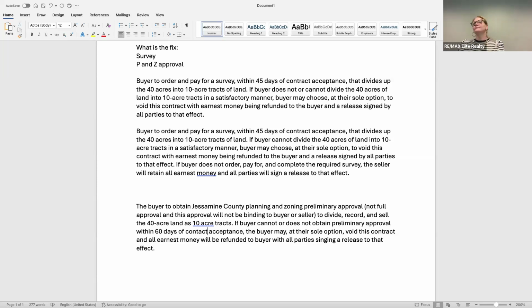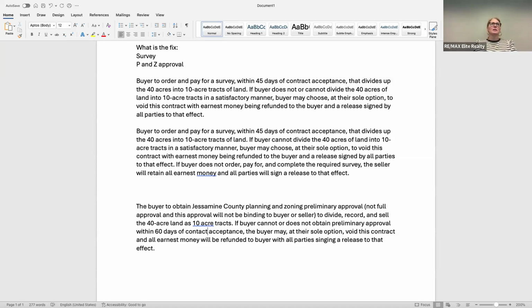So you would use the first and third? Yeah, depending on, it's for you, right? Yeah, I would use the first and third, because it doesn't give the seller the right to void anything. And if you write a really good, strong contingency, chances are the other agent is just going to say, okay, that's their contingency.